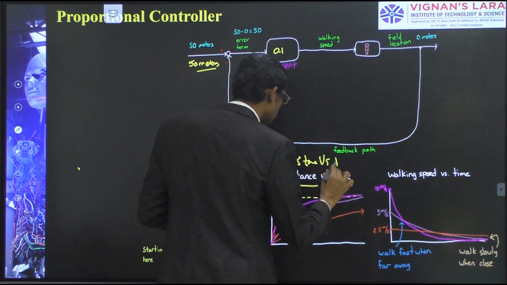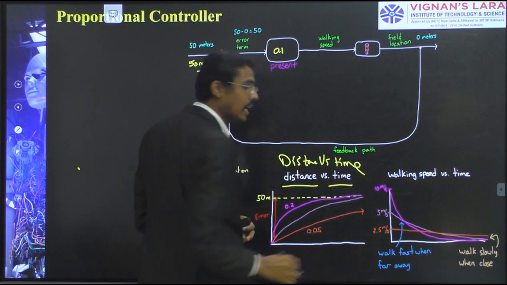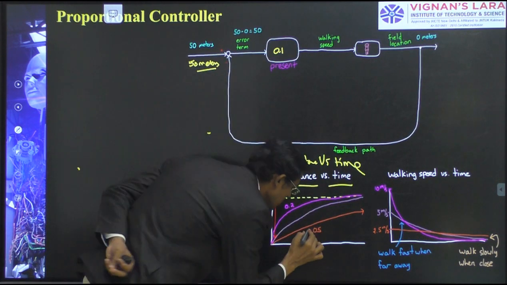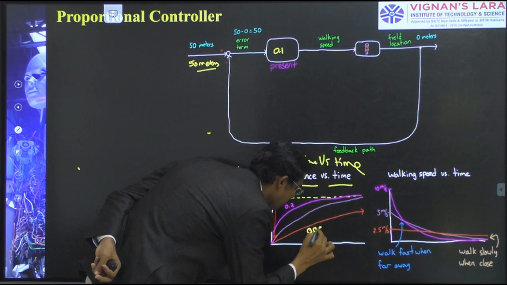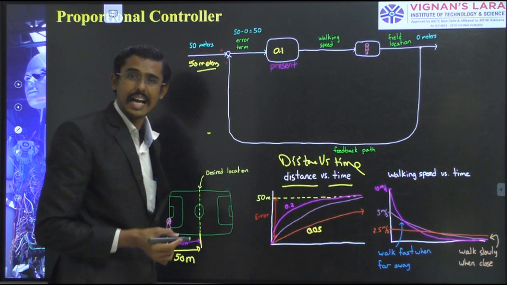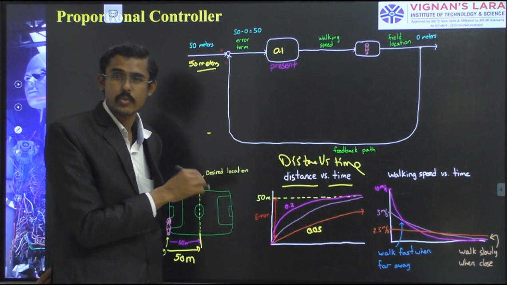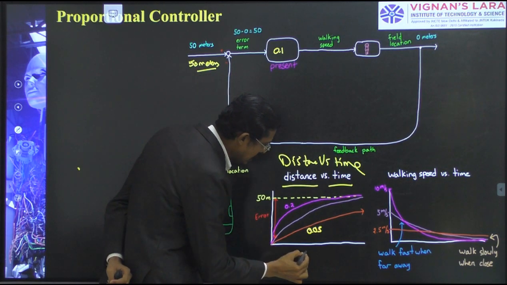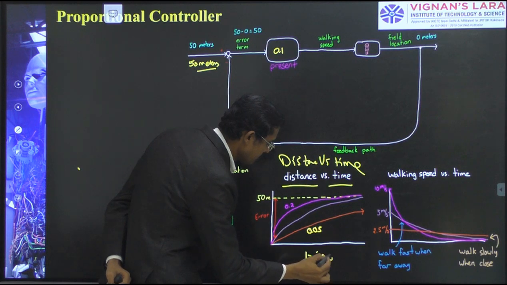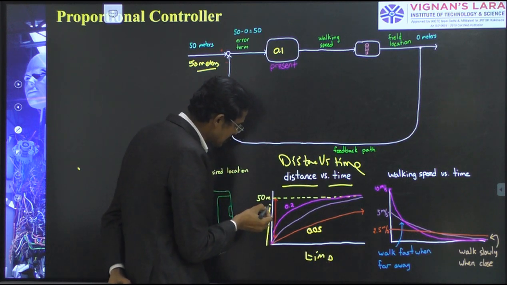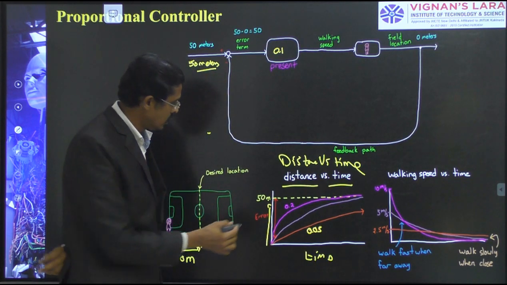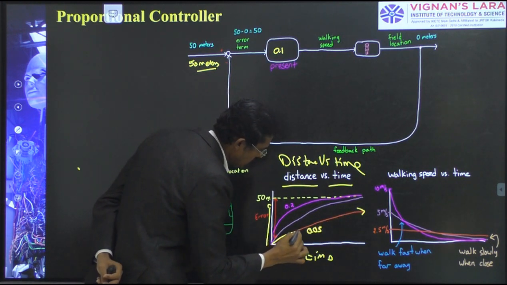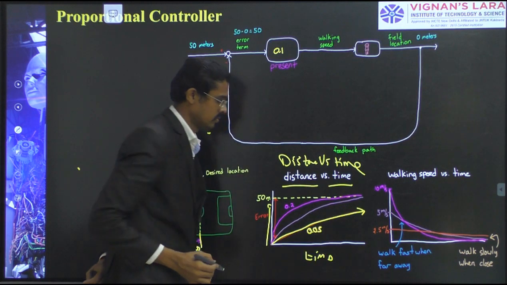I have given 0.05 as the constant Kp proportional gain. We have to cover the distance of 50 meters. It slowly moves and reaches.